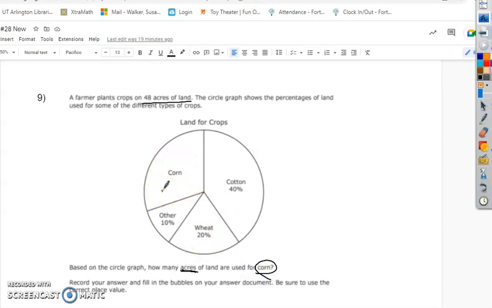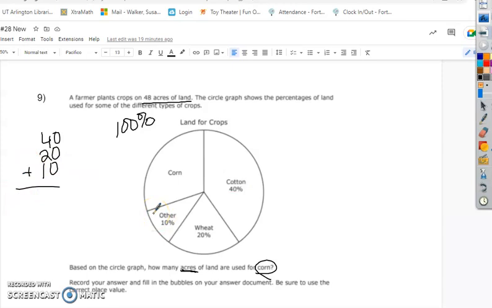So we need to remember that all the percents are going to total up to 100% when I add all of them. So I could set this up as an equation, but I don't think most of y'all would necessarily do that. So what I would do is I would add the 40, 20, and 10. Okay? Let's add the percents we know.